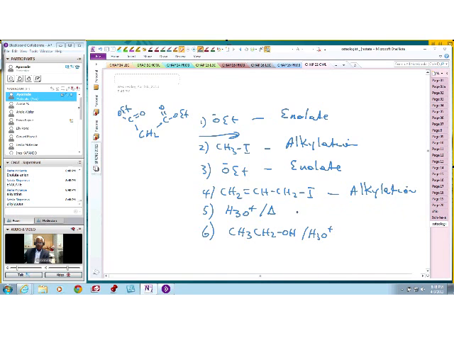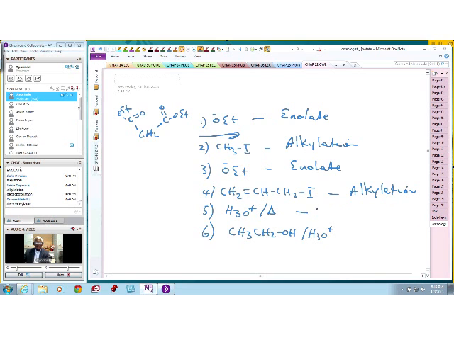About step 5, there are two processes going on here. What is step 5? Whenever you are not sure, make sure you write it out so that we know exactly what the product is. But you should be able to tell me what step 5 is.